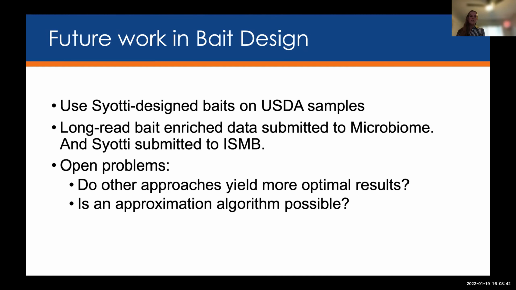I think there's a number of different open problems here. As I mentioned, there are many different approaches that could probably work. And I'm really excited about this because I think it's like 50% computer science and 50% biology.